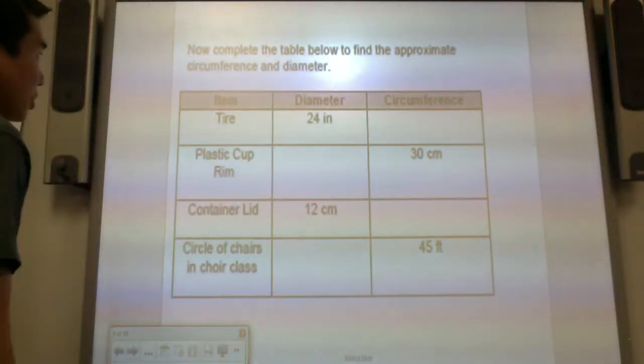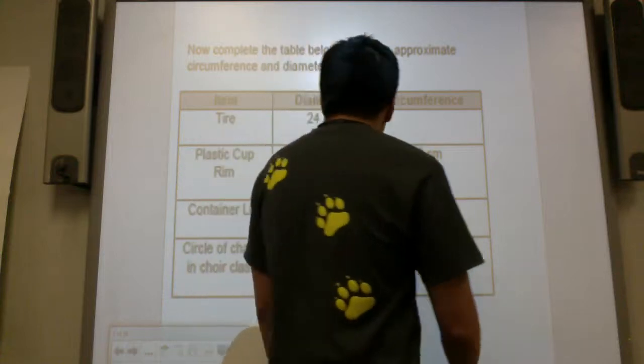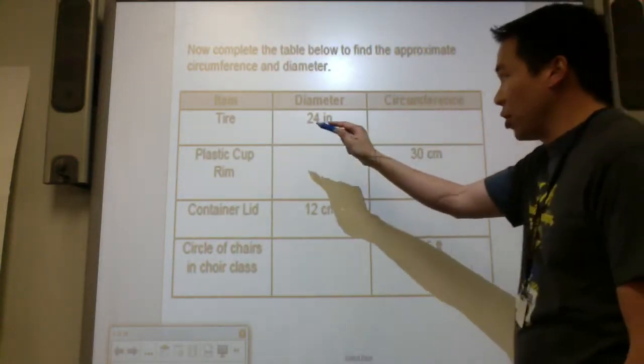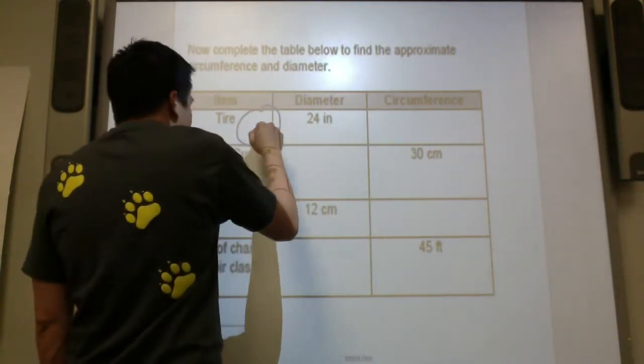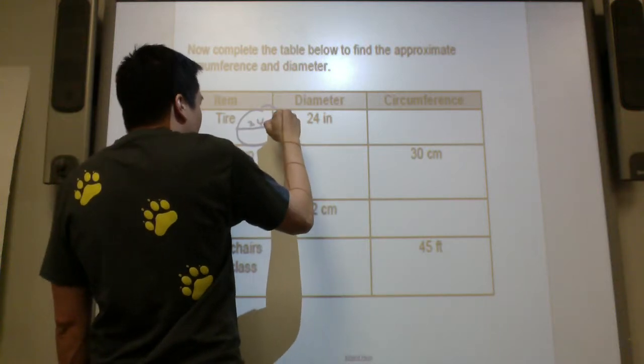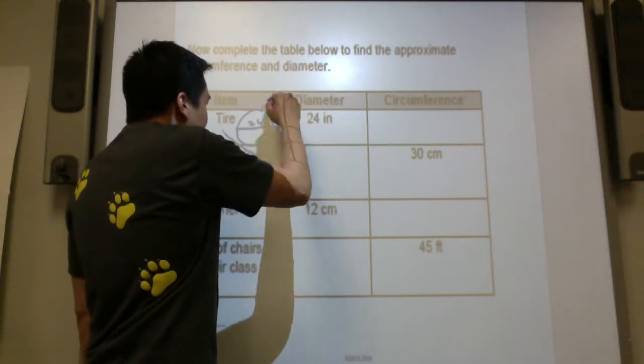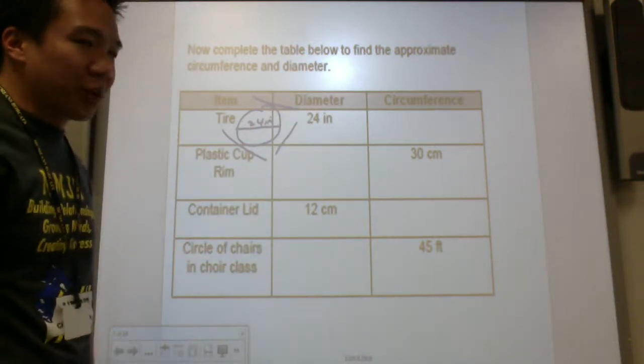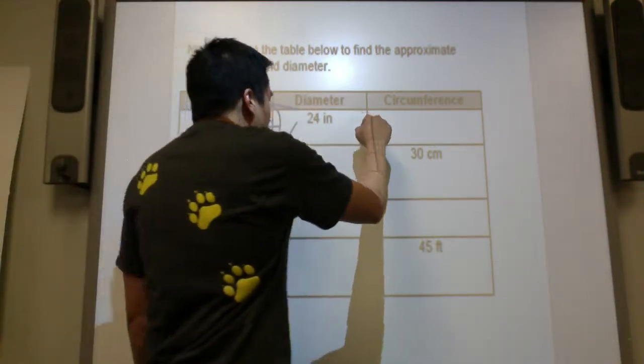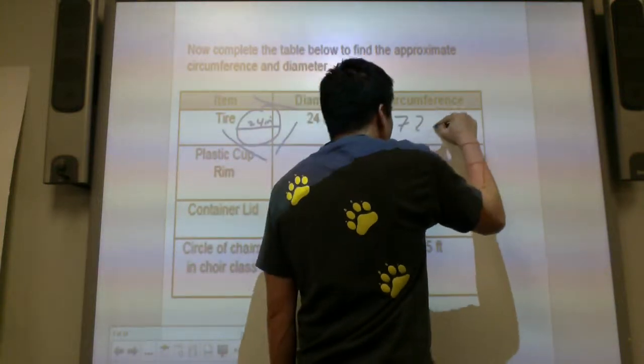All right, so let's complete this table. If the diameter, I'm going to draw this, you have a tire. If the diameter is 24 inches, what would the circumference around it be? Remember, it is about 3 times it. So about 3 times it, it would be about 72 inches.